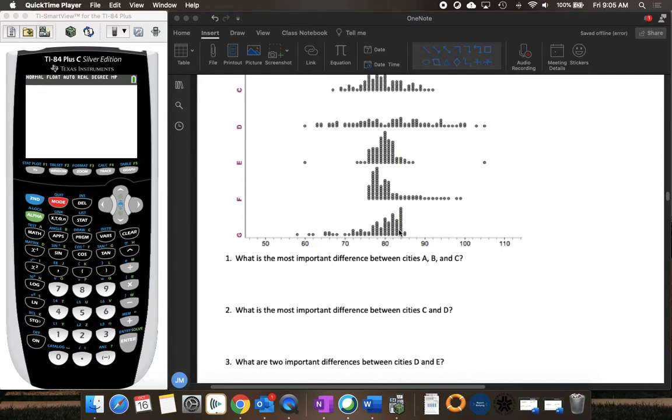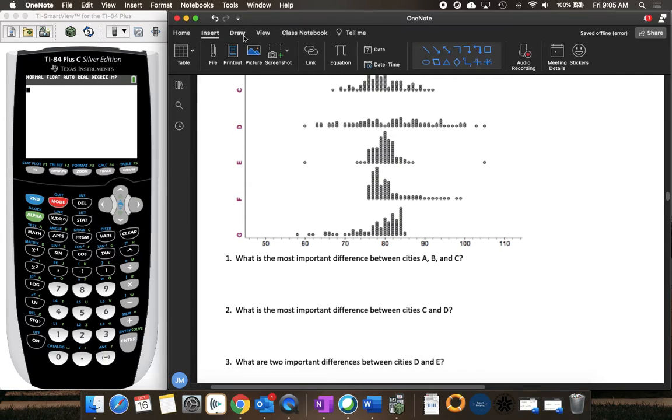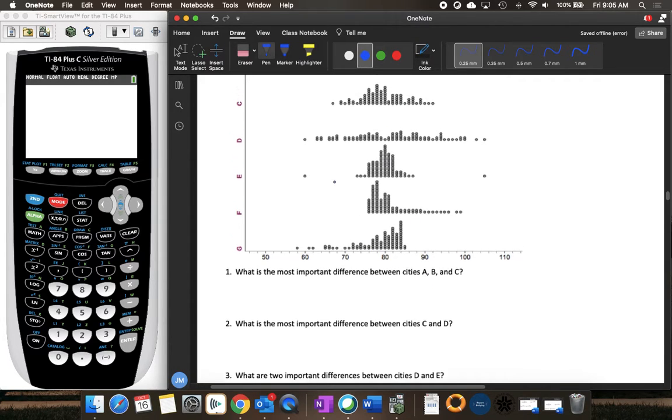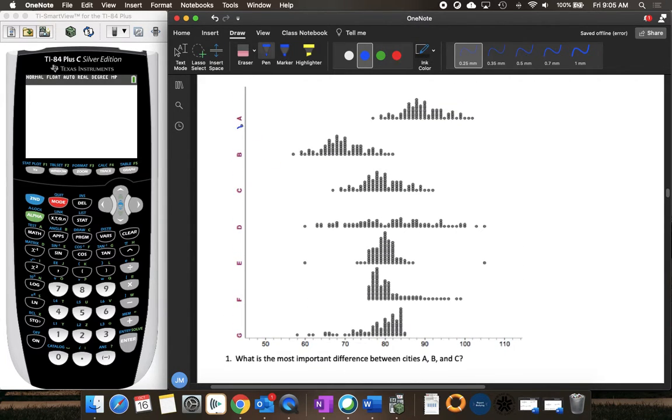So the first question, what is the most important difference between cities A, B, and C? As you take a look at A, B, and C right here, notice that their dot plots look kind of the same. The one difference is where they're located.